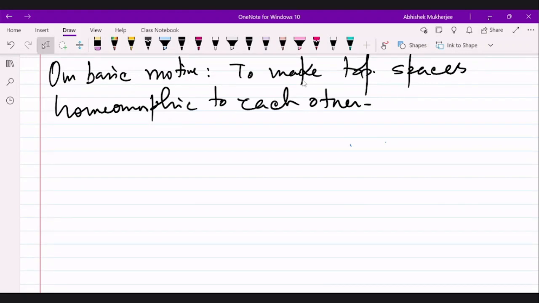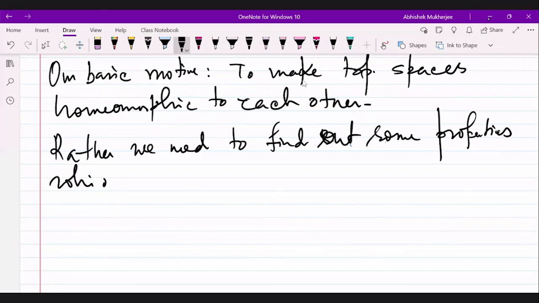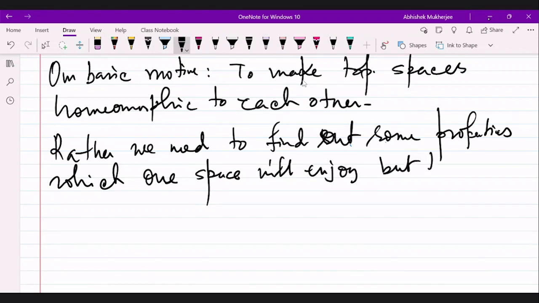So rather we need to find some properties which one space will enjoy, but the other one will not.